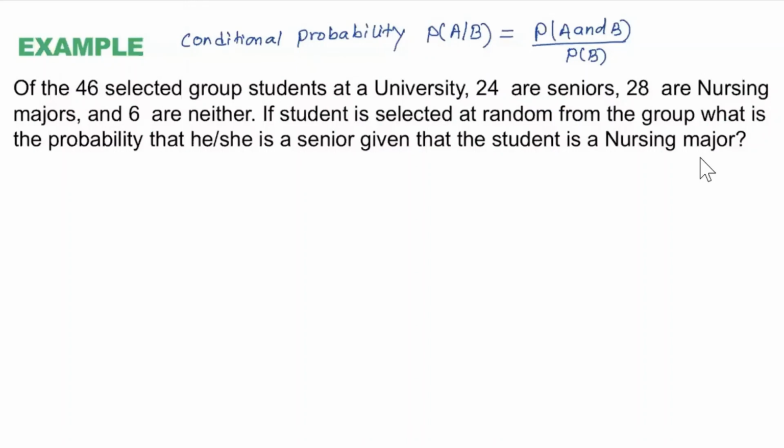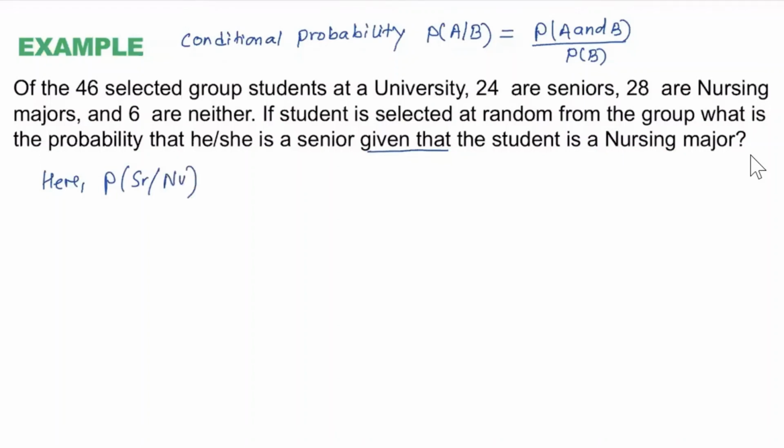So let's write this. If a student is selected at random, what is the probability? So here we want the probability that he or she is a senior. I'm going to write senior like that. Senior, given that is a slash, given that the student is a nursing major.